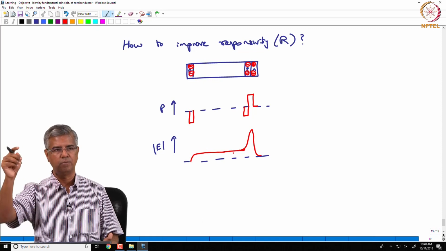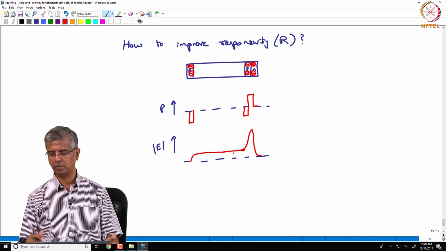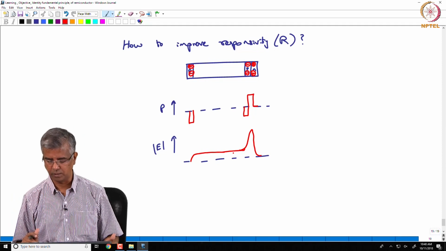So the field increases over there, and then the positive charges sort of neutralize this entire thing. So the field comes down.